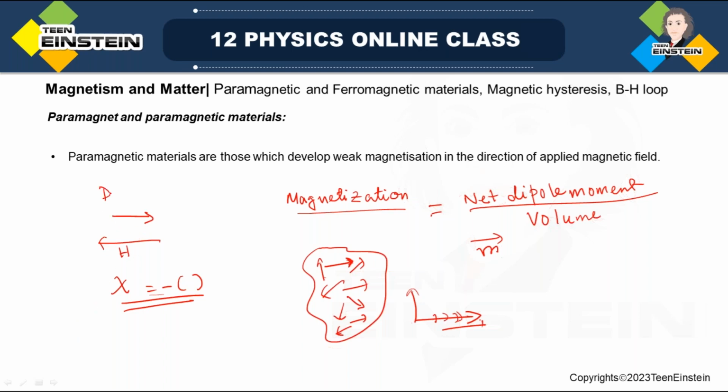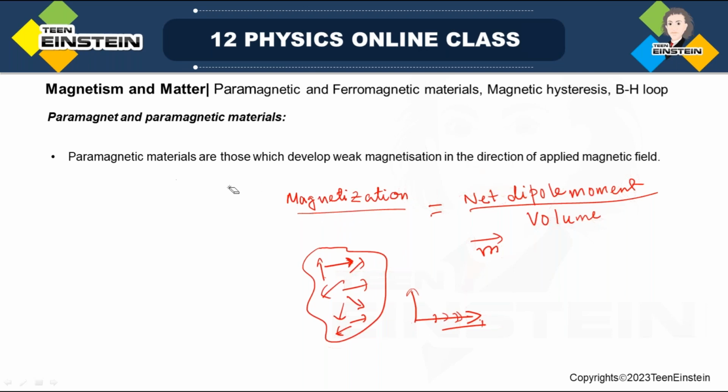So diamagnet opposes the external field, and it produces a negative magnetization, which is very, very tiny compared to the paramagnetic or ferromagnetic contribution in a substance. And we have seen perfect diamagnet. Example for perfect diamagnet is a superconductor. So here we have understood what magnetization is and how we calculate it.